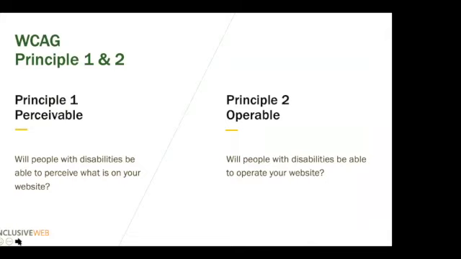Okay, so principle 1, perceivable. Will people with disabilities be able to perceive what is on your website? So some quick examples of that: if somebody is blind, they cannot see, how will they be able to perceive images on your website? And that is rectified by adding alternative text to include a description for your image.